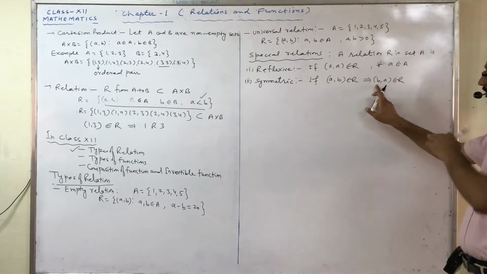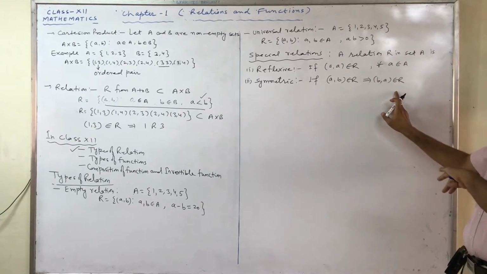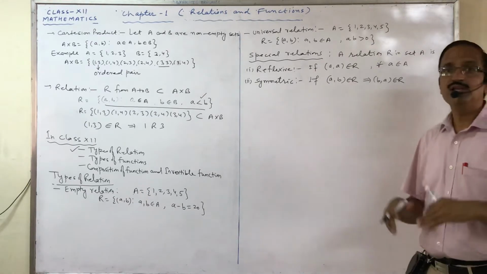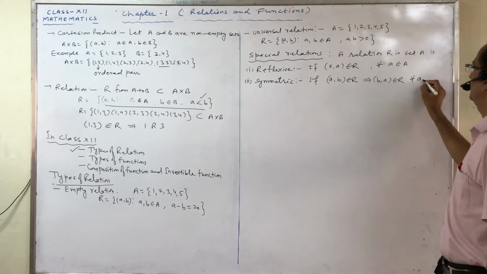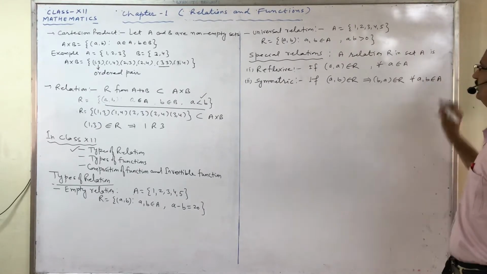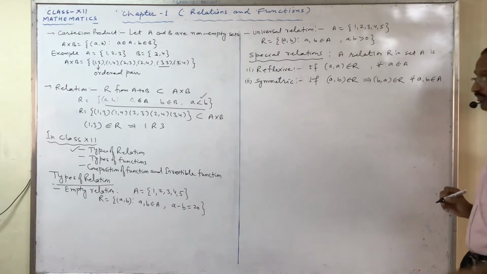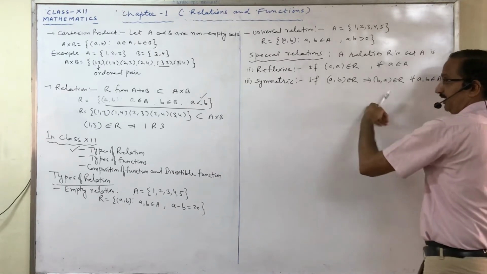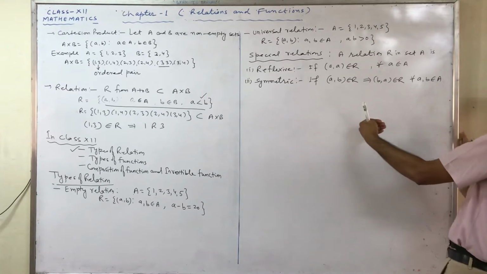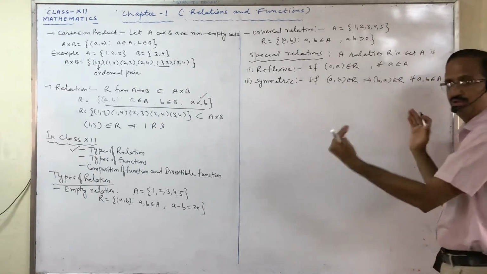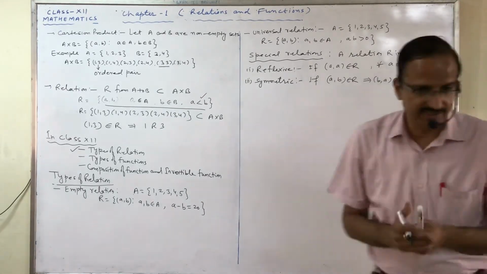This implies that b is also related to a. Then this type of relation is called symmetric, for all a, b belongs to A. So from one side we can say (a, b), from a to b. From the second side or the opposite side we can say from b to a. So this type of relation is called symmetric.